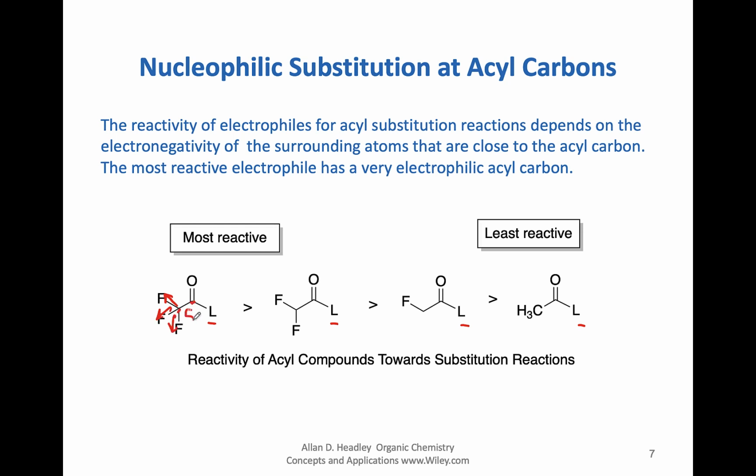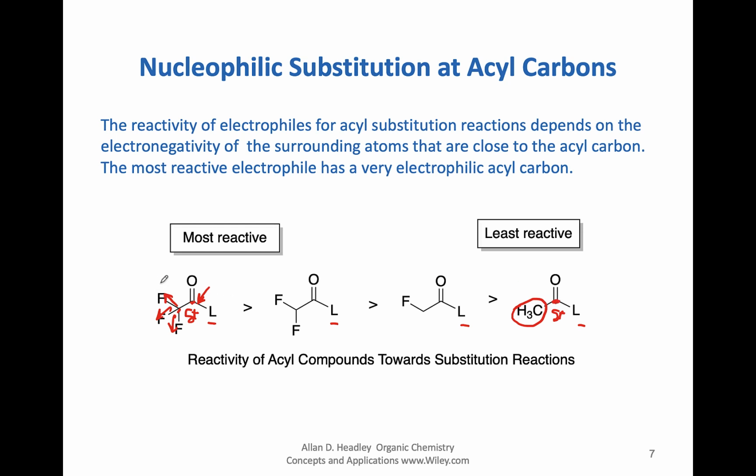So as you can imagine, this carbon here is extremely or partially positive. This, let's go all the way over here, has 3 hydrogens, not electronegative, more electropositive. So this carbon here is not as electropositive as this one. Another way of stating that is that this carbon is more electrophilic than this carbon.